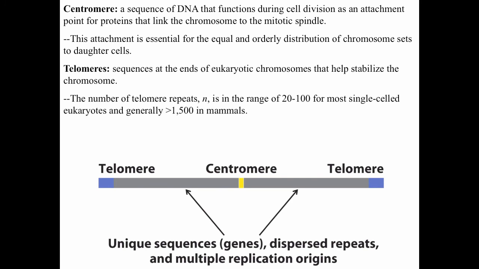And then there are the telomere sequences. These are the sequences at the end of the chromosome that help to stabilize the chromosomes. The telomeres have repeats that range from about 20 to 100 base pairs long in single-cell eukaryotes, and about 15,000 base pairs in mammals.